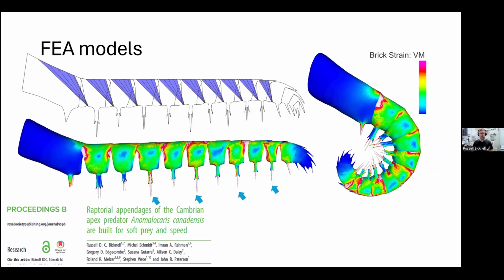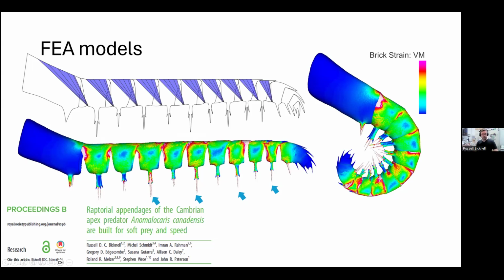And when you build a biomechanical model of Anomalocaris using the two end members of our kinematic analysis, so outstretched and enrolled, what you see is there's a lot of those really hot colors, a lot of pinks, a lot of reds. That tells us no, this animal actually was not that well designed for taking down biomineralized prey items. And especially when you look at these long, slender spines, what we call endites, all of that stress is being taken up in those spines.